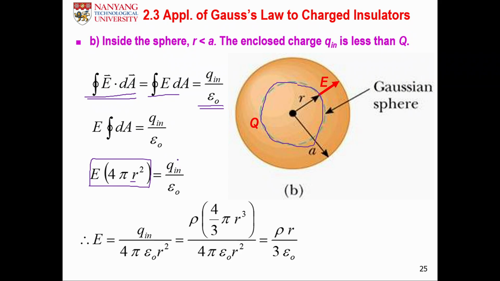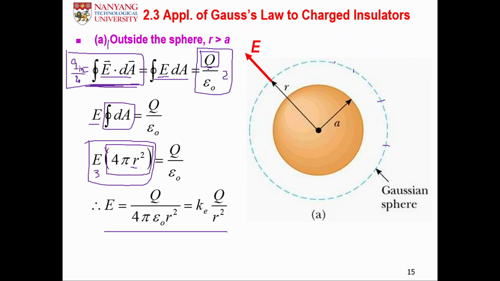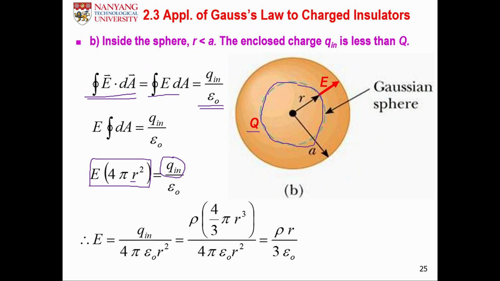Then how about this Q in? Is this still equal to this capital Q? Is this still capital Q, like here? Here the Q in is capital Q. All the charge is inside the Gaussian sphere. But how about here?